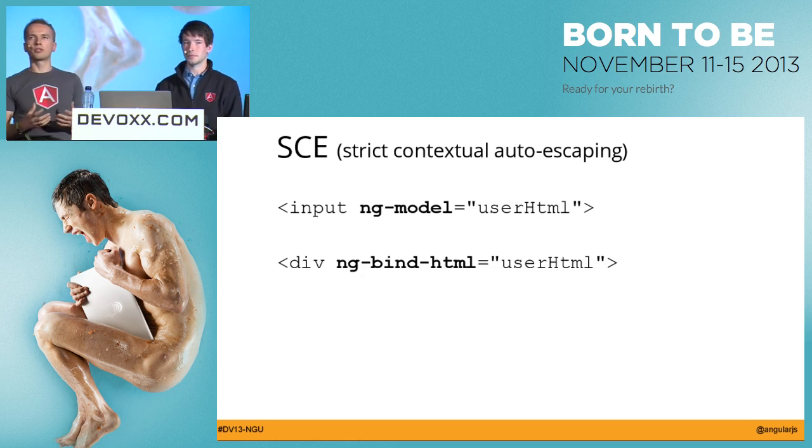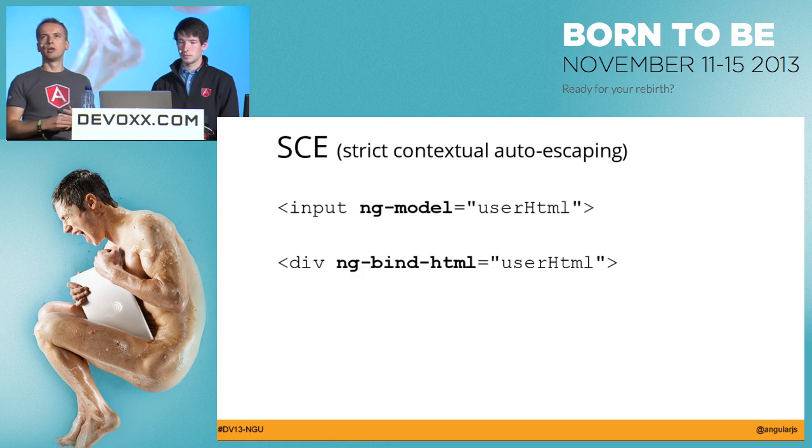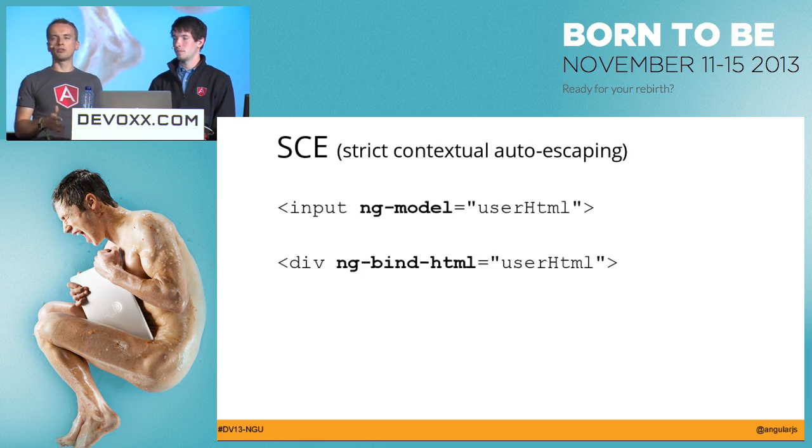But how can you trust this string when it just floats around and pretty much anything can write to scope and change the model? It could easily be that user input is used as input into this unsafe operation, or the input could come from a URL or from a database. And there is no way to really make sure that the input is safe for inner HTML.